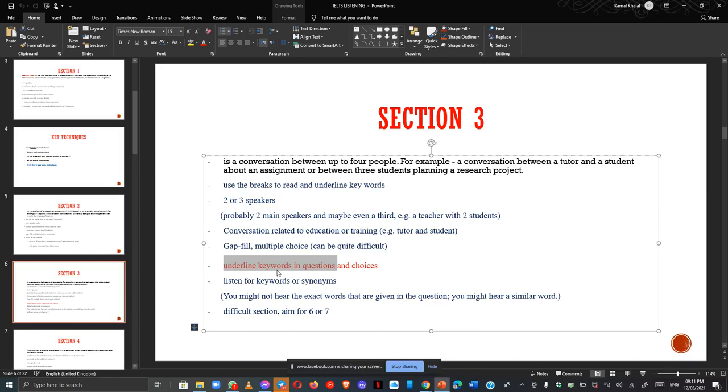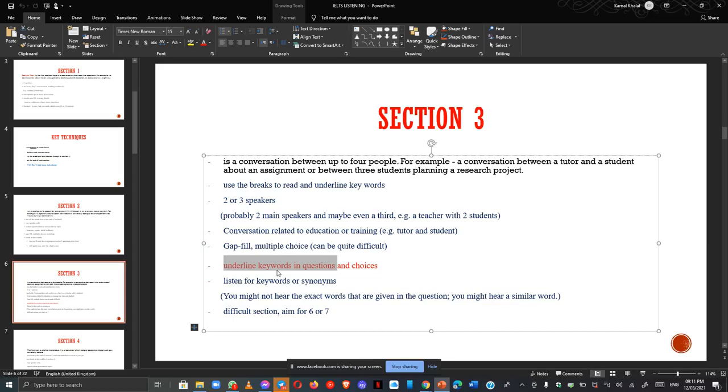And one important issue, guys, you will not hear the same words in the questions. You will hear the same meaning expressed differently using different words. You will not hear the same words. You will hear the same meaning but expressed differently using synonym language.